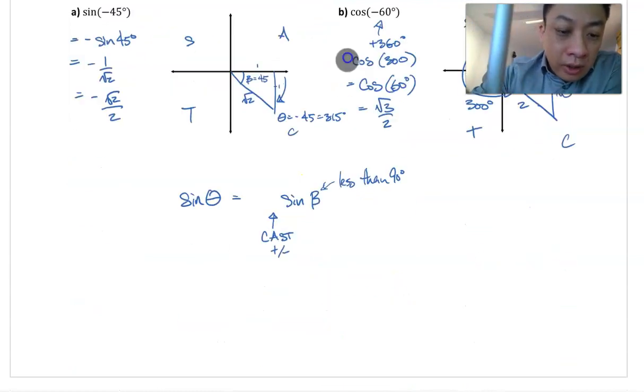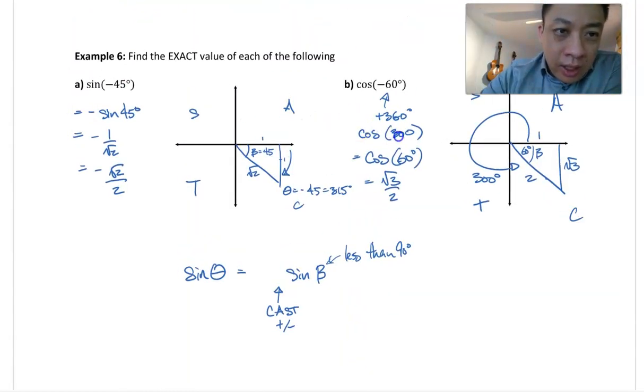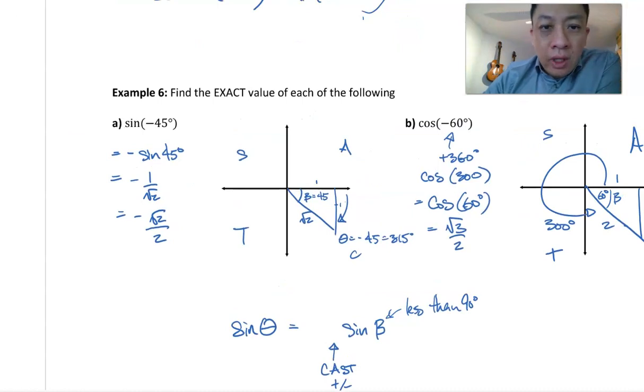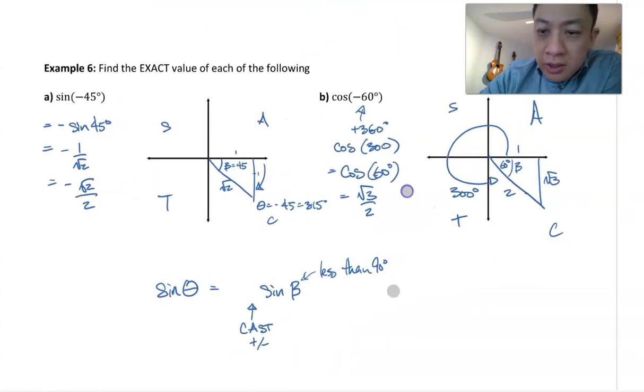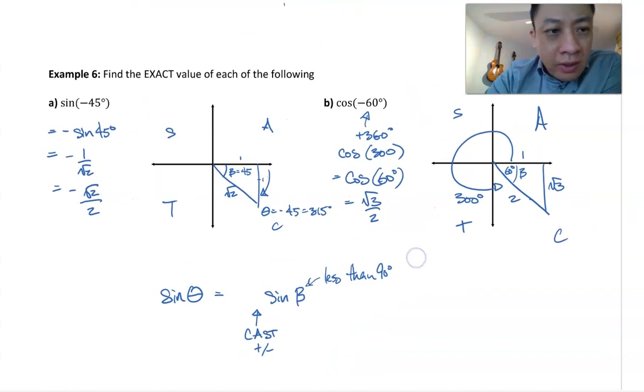The last thing I'm going to talk about is to find the exact value of each of the following. You can see sine of negative 45. That's negative 45 degrees going down. So we go 45 degrees down, and this is clockwise now because it's a negative angle, and we'll put ourselves over here. We get a related acute angle of 45 degrees that's built within the triangle that's extended up to the x-axis.